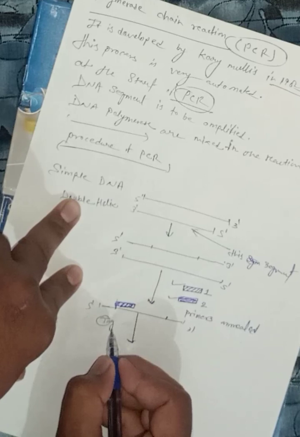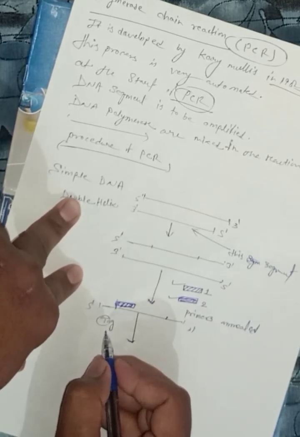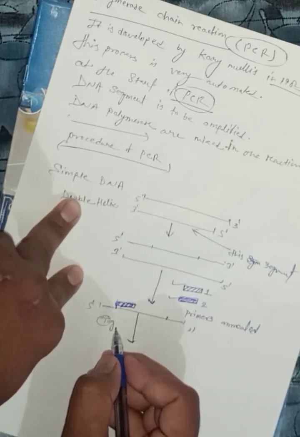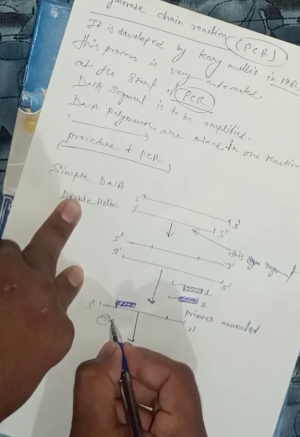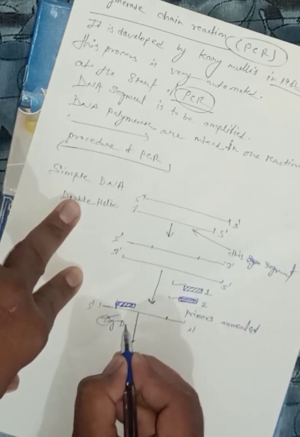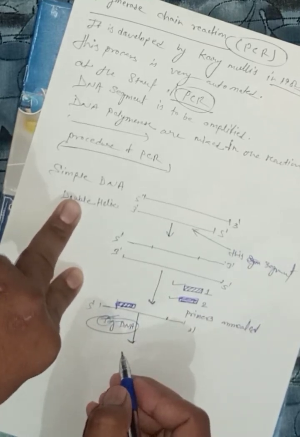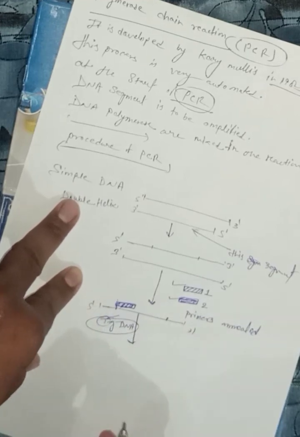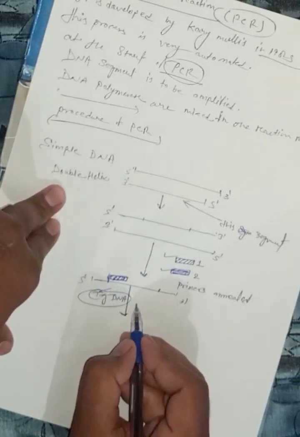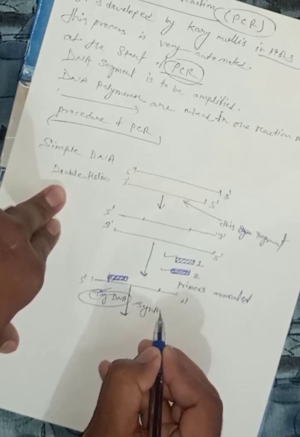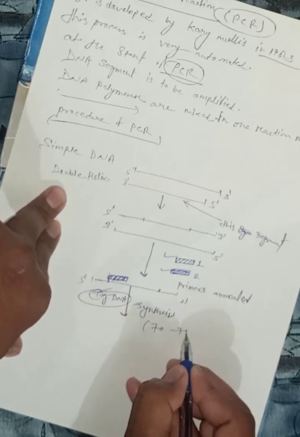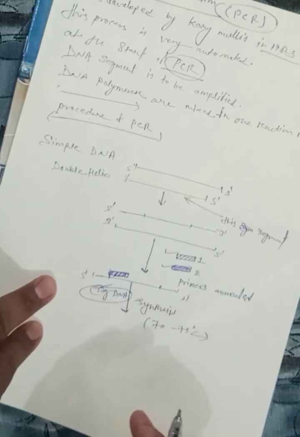Taq comes from Thermus aquaticus. Taq DNA enzyme can survive heating conditions, and this DNA segment is synthesized at 70 to 75 degrees Celsius.